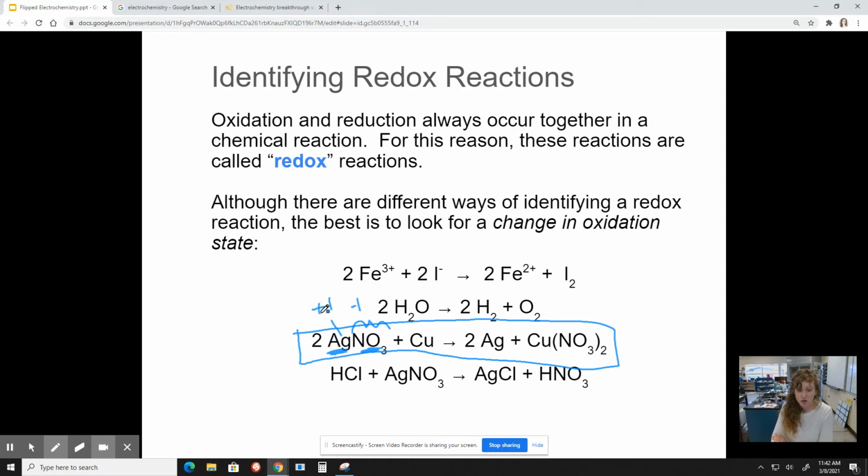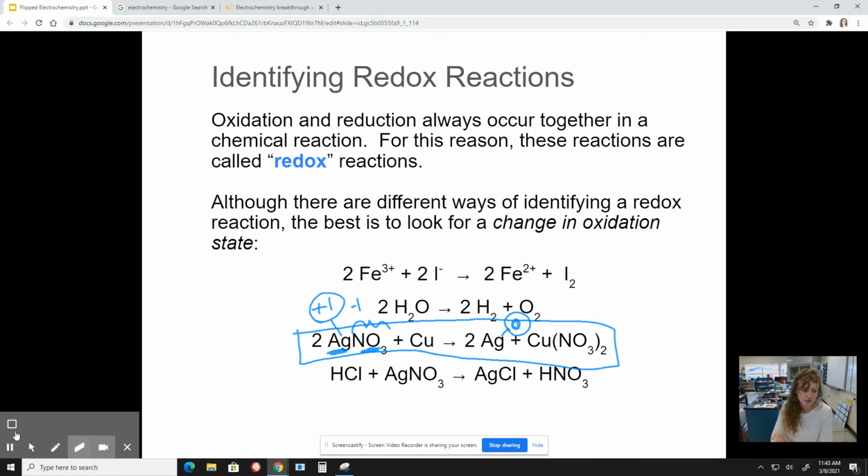Silver has a true charge of 1 plus, which means it's going to have an oxidation state of 1. Well, over here, silver is in its elemental form, so it's going to have an oxidation state of 0. Once we assign oxidation states, now you can see that the electrons are shifting. Silver, in this case, is going to gain an electron. So this must be a redox reaction.